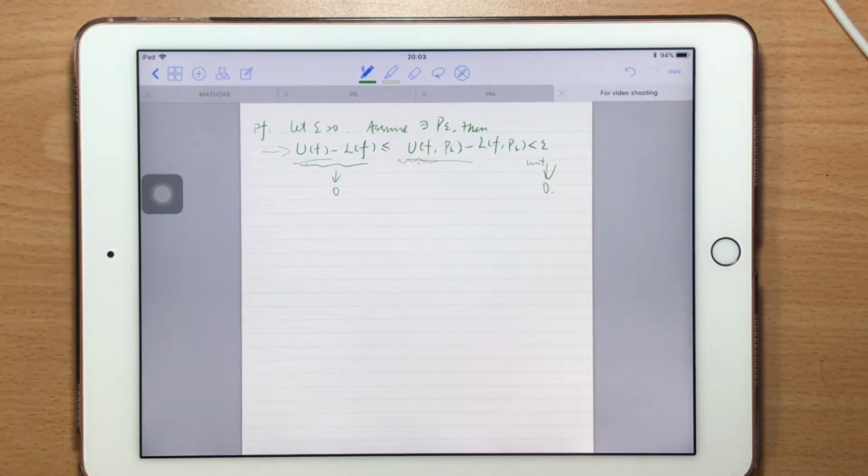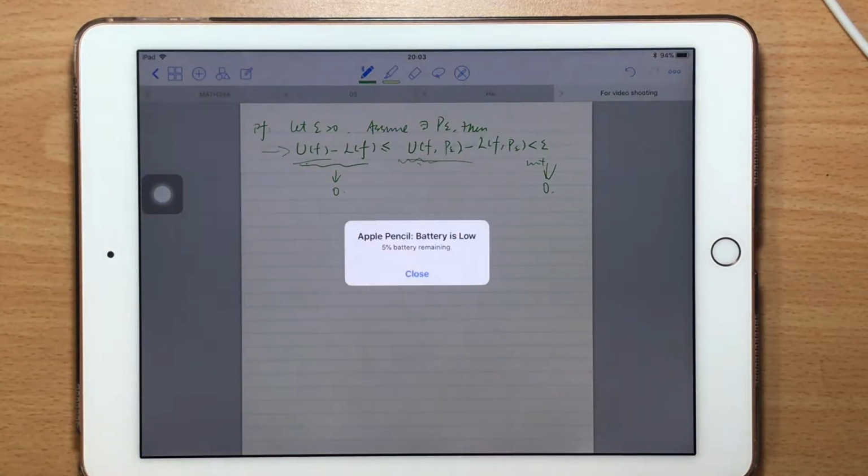To use the triangle inequality, you are looking for some help, right? Otherwise you have only UF(P epsilon) and LF(P epsilon). They look a bit unrelated. You are looking for some help to give you more information about them.